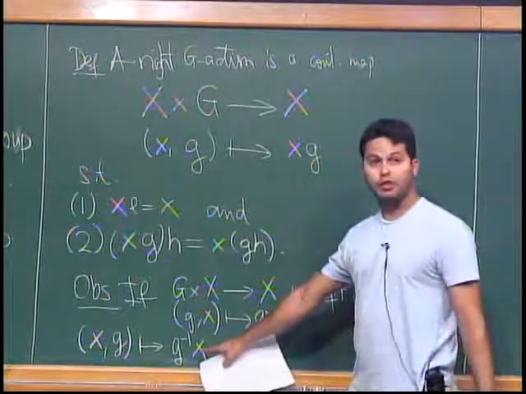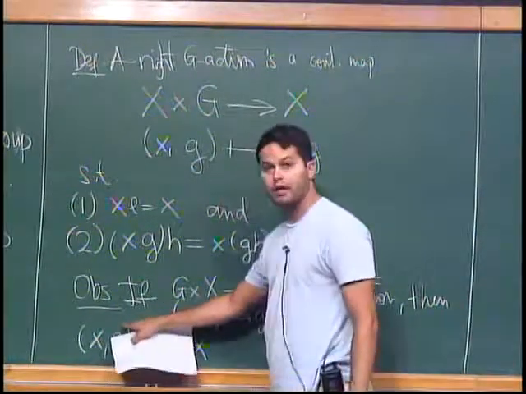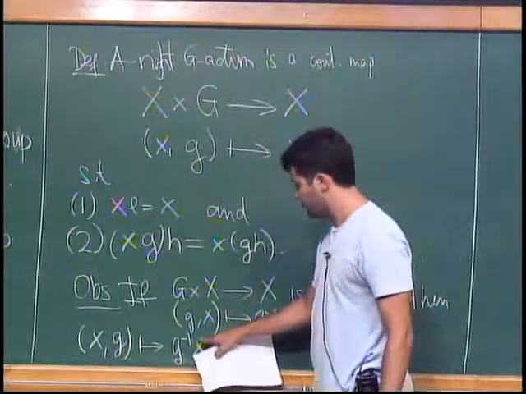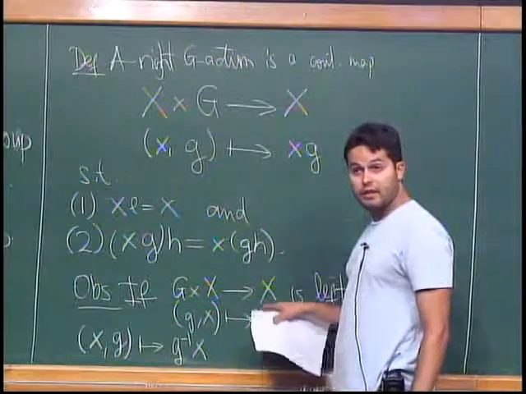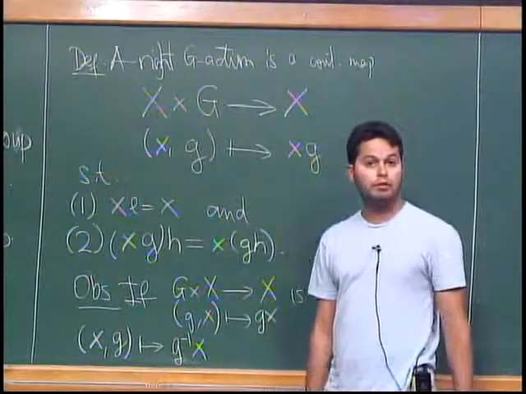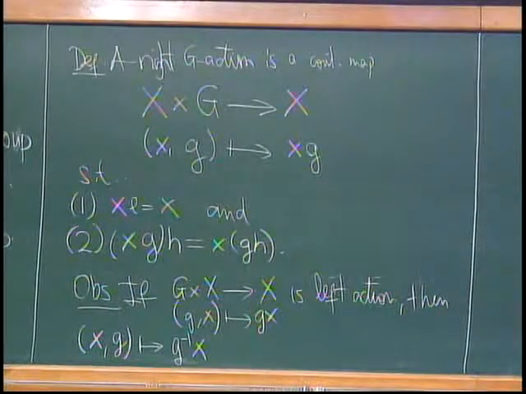So this is a new action, which is defined on the product X and G. And because the initial action is a left action, this one is going to be a right action. Okay? So whenever you have left actions, you have right actions. And you could fix one of them to work with. And I'm going to do this from now on, and I'm only going to be working with right actions. Okay? Good.